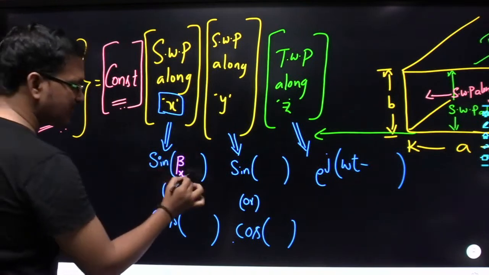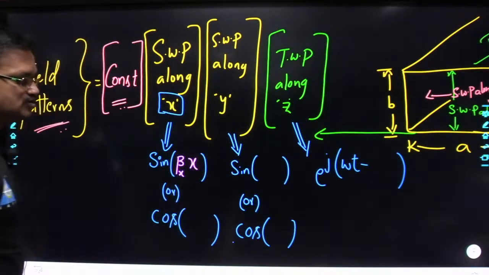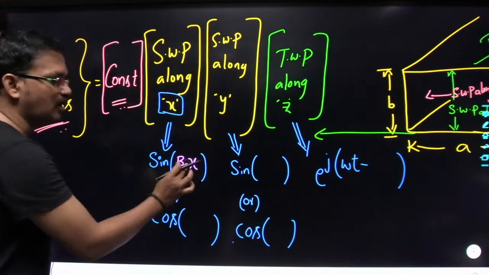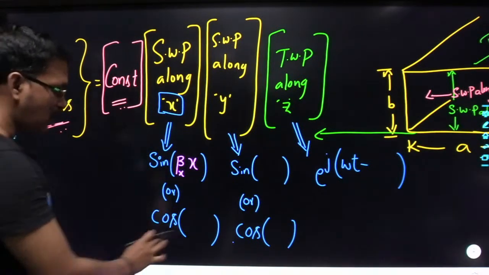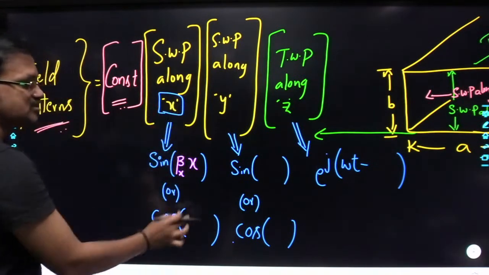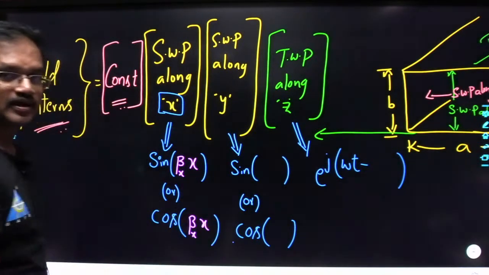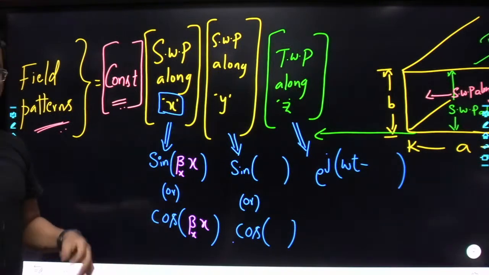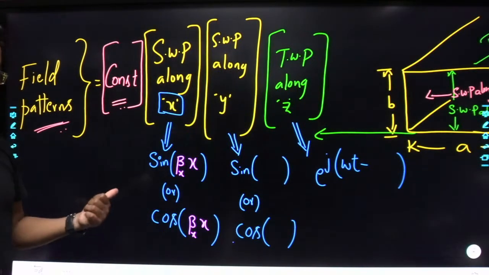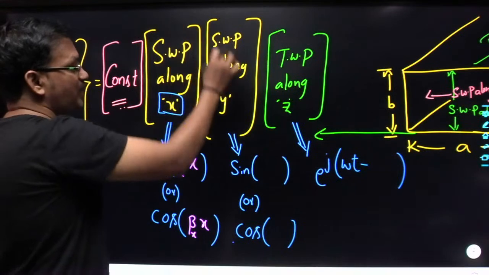So beta x into x represents the change in phase along x. Next, cos of the change in phase along x, that is beta x into x, where beta x is the phase constant along the x direction.